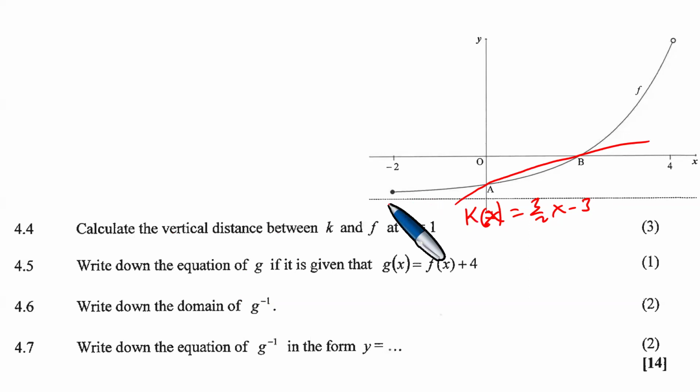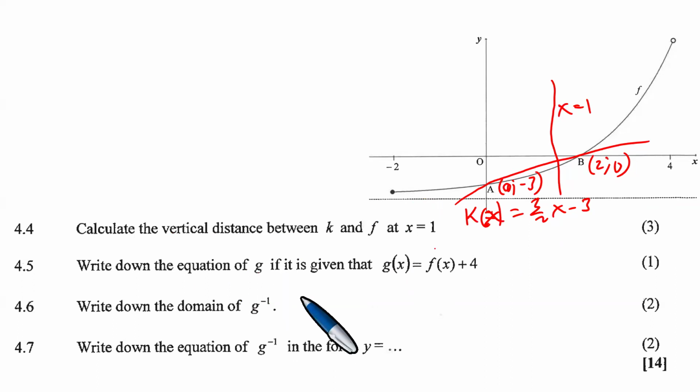We want to find the vertical distance at x equal to 1. We already know the coordinates of B are 2 and 0, and the coordinates of A are 0 and minus 3. Now x equal to 1 is somewhere here, between 0 and 2.